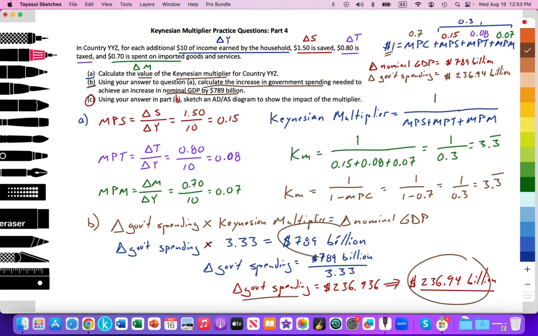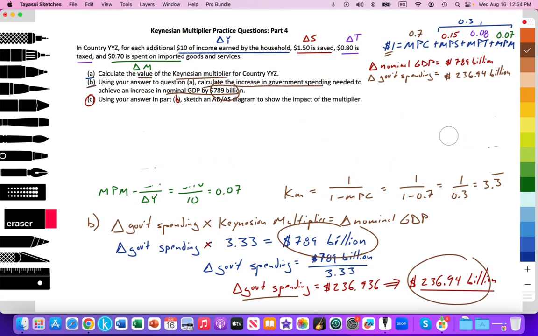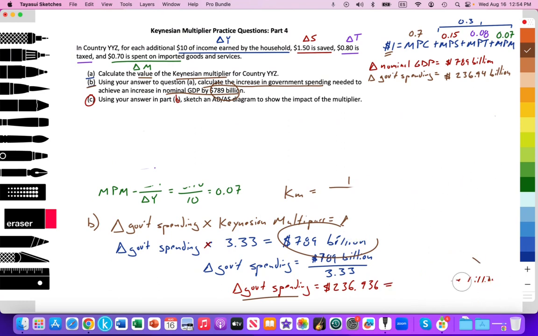And here we have the $789 billion, which was stated right there. So let's make some space so we can go ahead and draw an ADAS diagram that illustrates the impact of increased government spending by 236.94 billion, and how the multiplier fully continues to shift out the aggregate demand curve to achieve a change in nominal GDP by 789 billion.